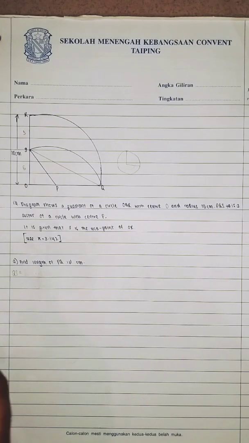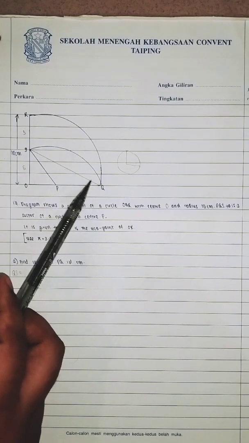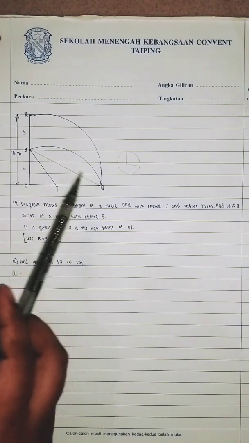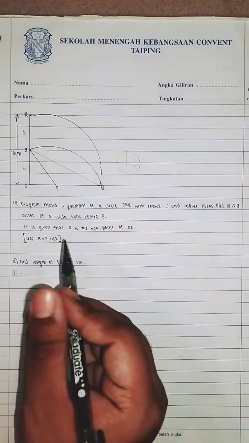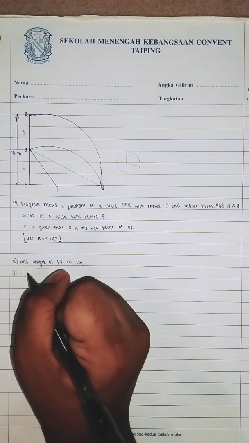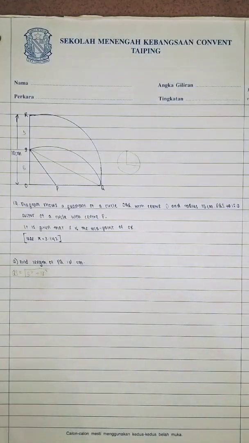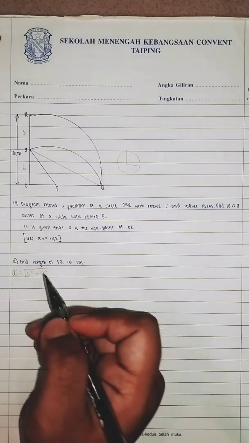So I would first find the length of QS. I would draw a straight line here that would form a right angle triangle. So the length of QS is square root of 5 square plus 10 square. I'm using Pythagoras theorem to find the length of QS.